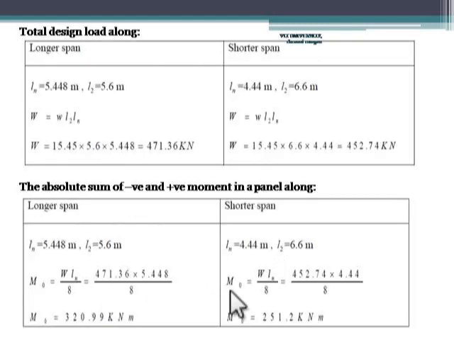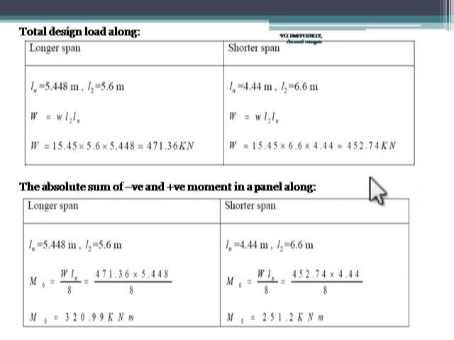Now the total design load for longer span, we have length Ln and L2. For shorter span Ln and L2, so we have the formula W equals L2 Ln times the design load. So for longer span we got the design load as 471.36 kilonewton. For shorter span we got 452.74 kilonewton.